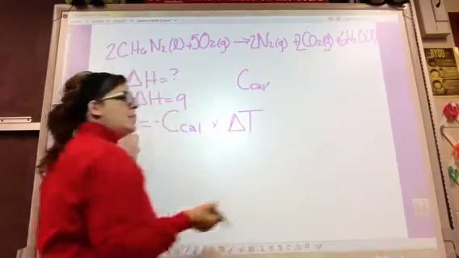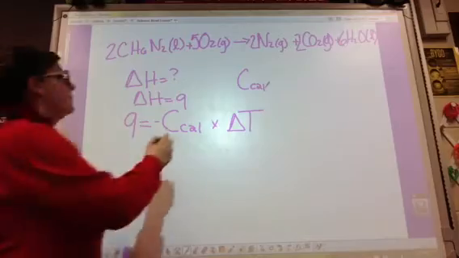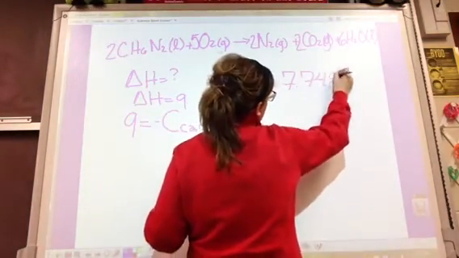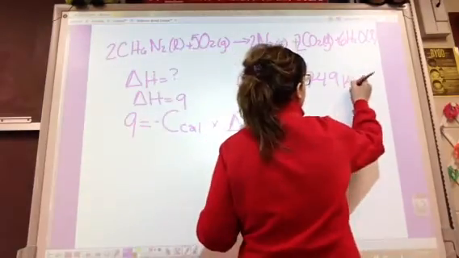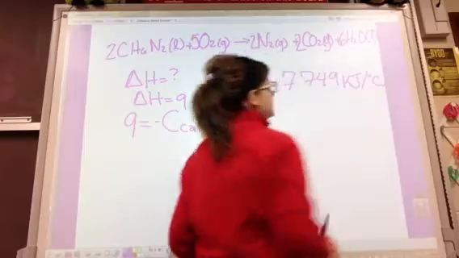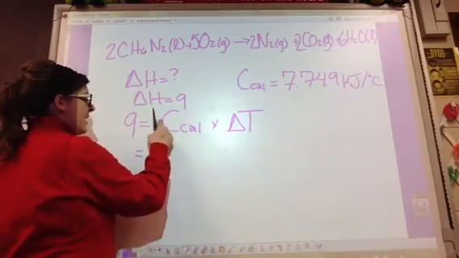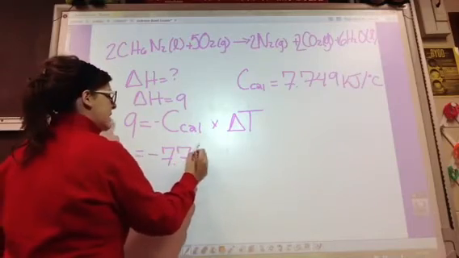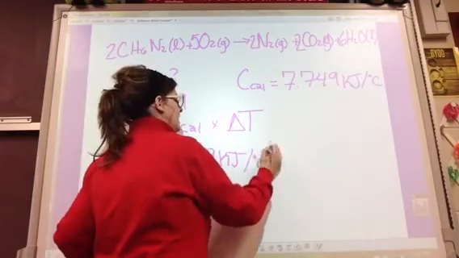They said that the heat capacity for the calorimeter was measured to be 7.749, I think it was, kilojoules per degree Celsius. So I know Ccal, so let's plug that in. And I still have that negative, so negative 7.749 kilojoules per degree Celsius.